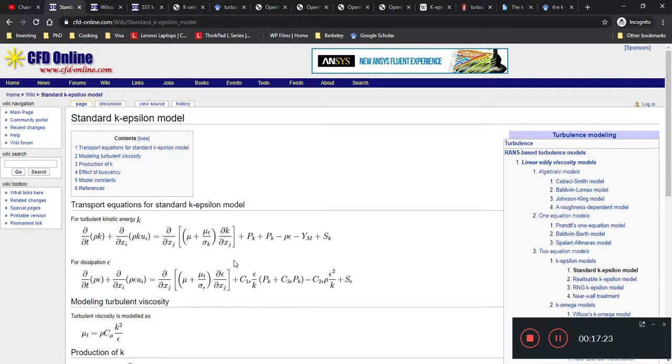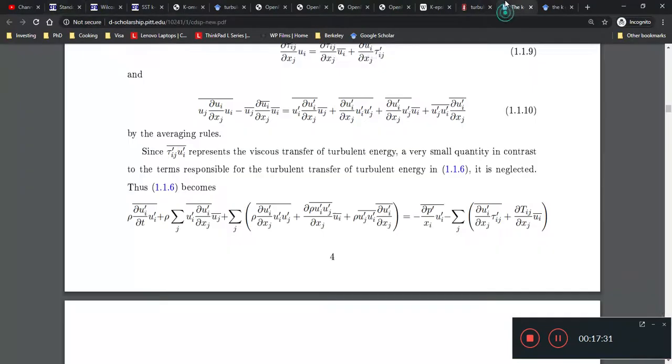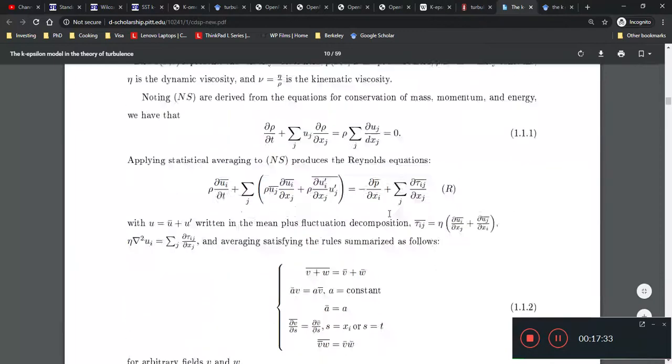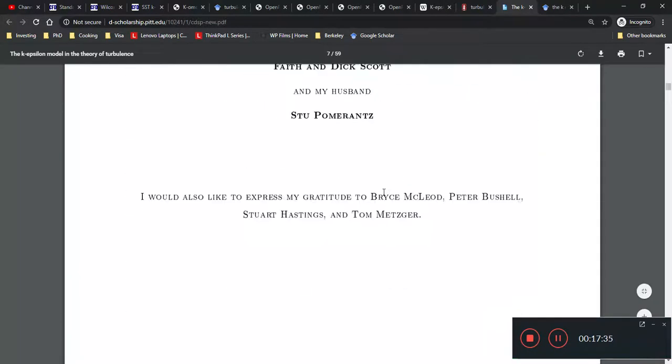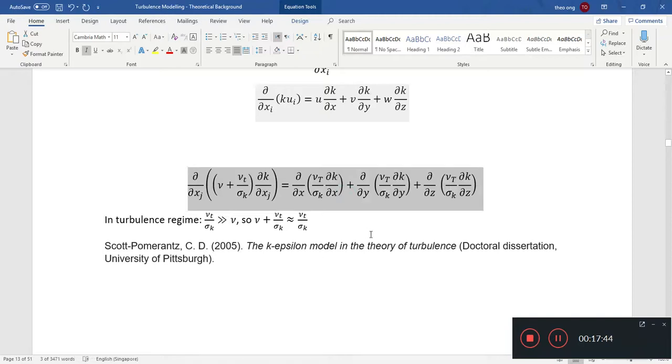Of course, we adjust the boundary conditions using the log law of the wall, but that is the basic idea behind it. If you want to know more, do check out this guy's PhD dissertation. It tells you how to derive this k equation so that there's less confusion.